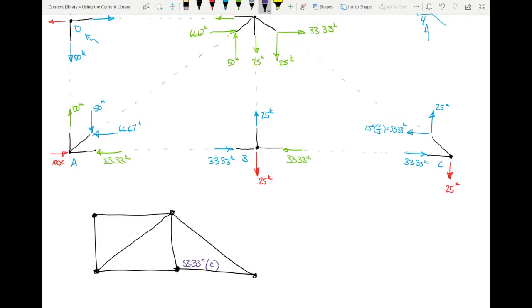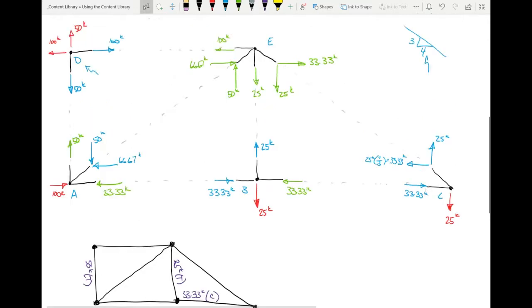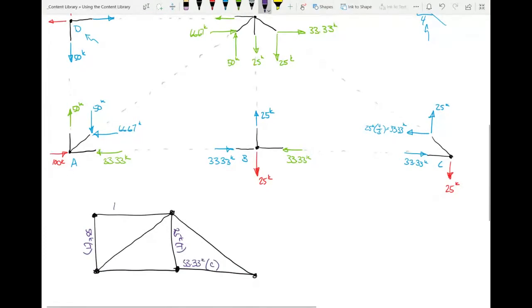This one, or I'll do the diagonals last, but this one is 25 kips in tension. This one is 50 kips in tension. This one is 100 kips in tension. This one is 33.33 kips in compression.